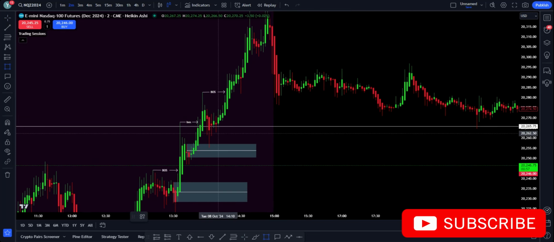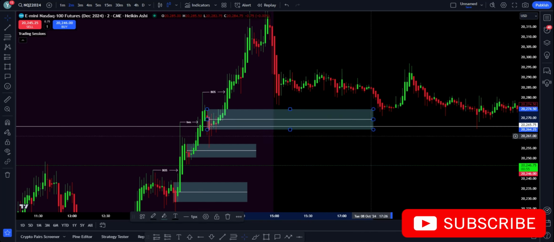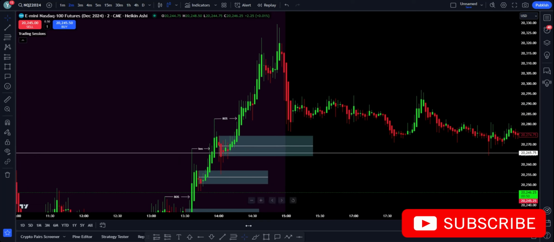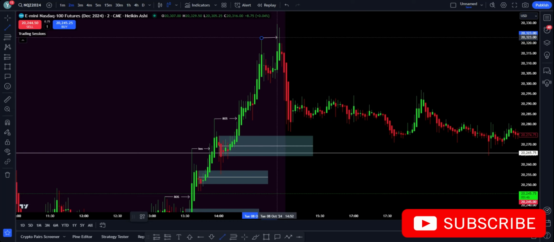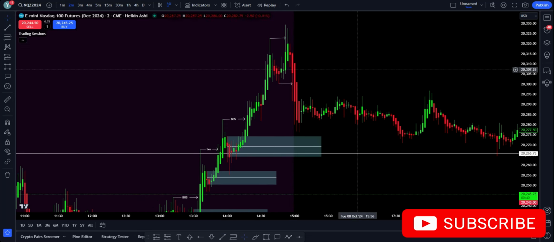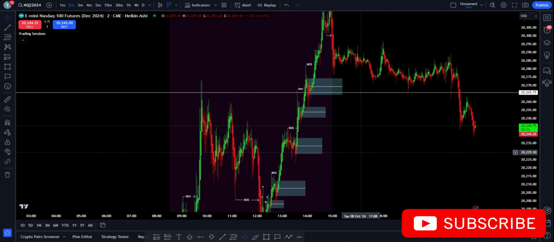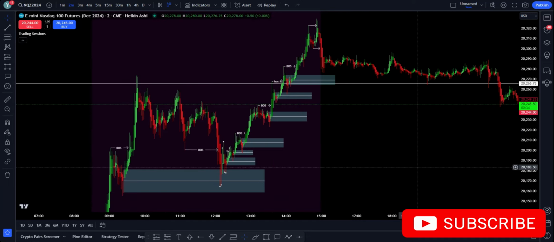Then we had this as well. It never came back. As you can see, it played around. Market structure shift, change, whatever you want to call it, breaker structure. Then we started heading towards the downside over here. You can see everything that happened. So this is pretty much what we had today.